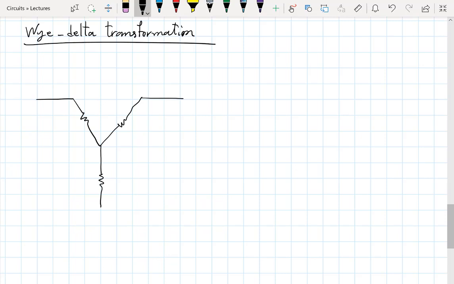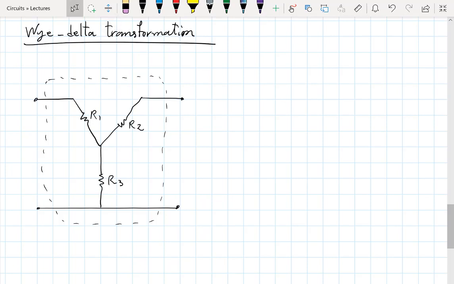And so let's say in general you have a circuit like this with R1, R2, and R3. And you have these wires. So if you put this in a box, and you look from the outside between these points, okay?